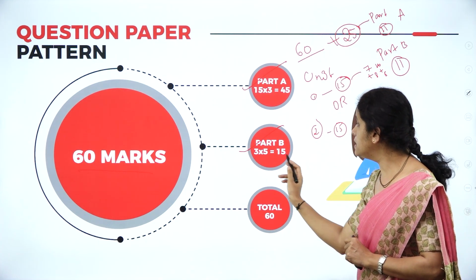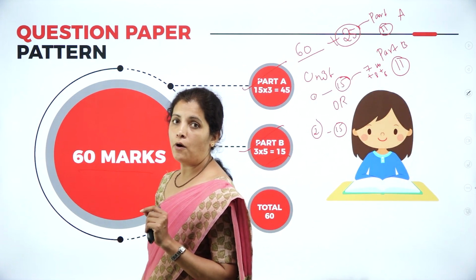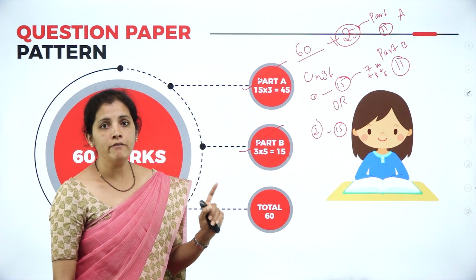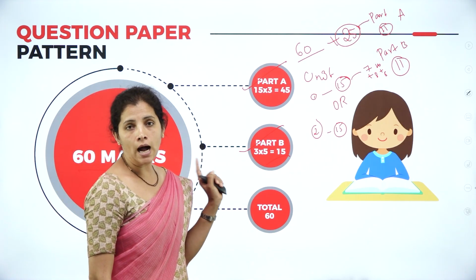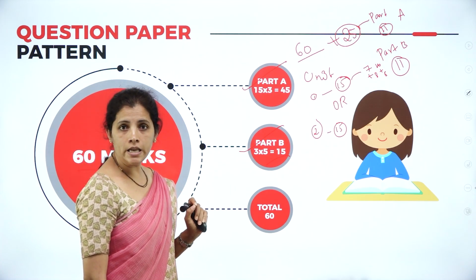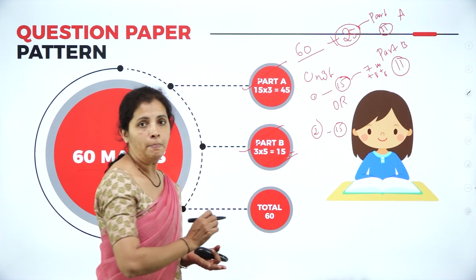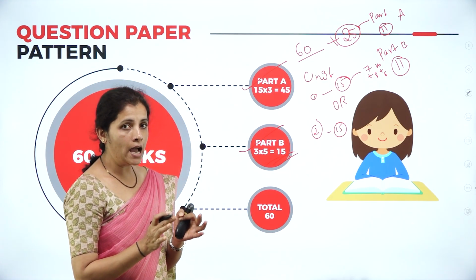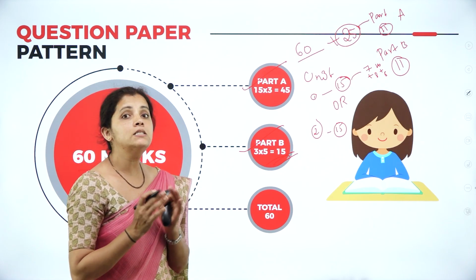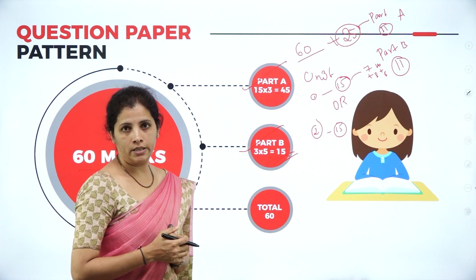And if I consider part B, we have 5 questions. Out of 5, you need to answer only 3. 3 into 5, it is 15. Okay, fine. Now the question arises, what is the weightage of each unit?